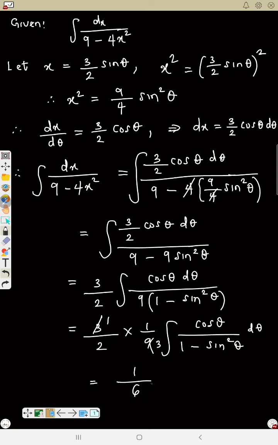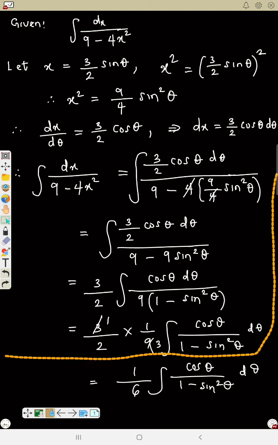So this will be 1 over 6 integral of cos theta divided by 1 minus sine squared theta d theta. Now from here we will use the trigonometric identity.